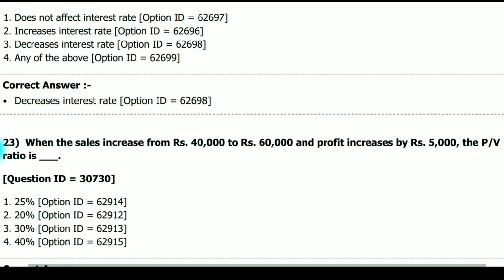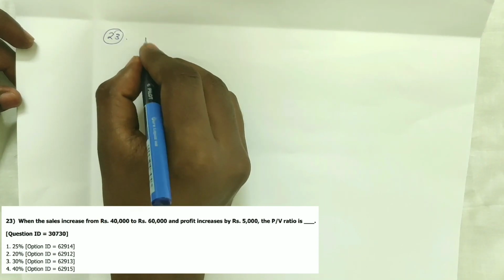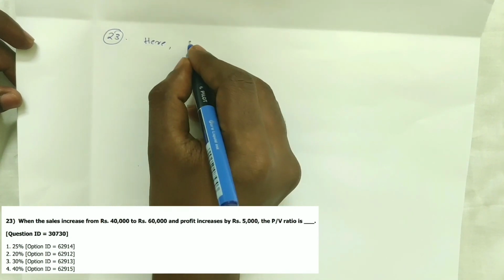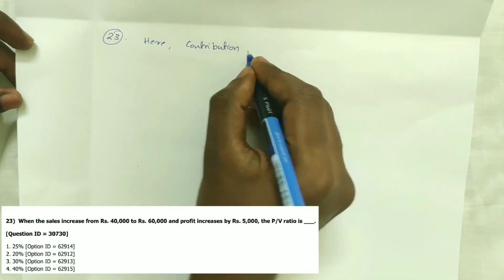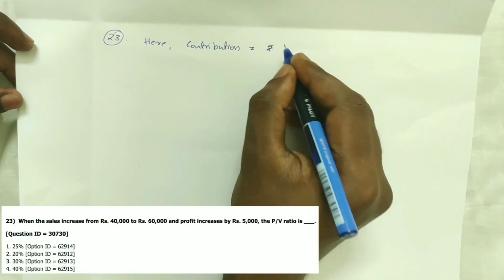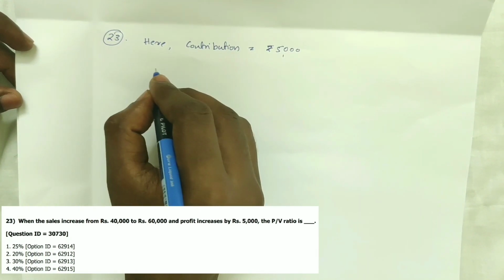Next, when the sale increases from rupees 40,000 to rupees 60,000 and profit increases by rupees 5,000, the PV ratio is, options: 25%, 20%, 30%, 40%. Here, contribution is equal to rupees 5,000.